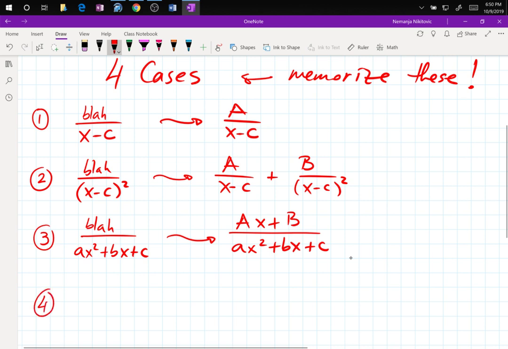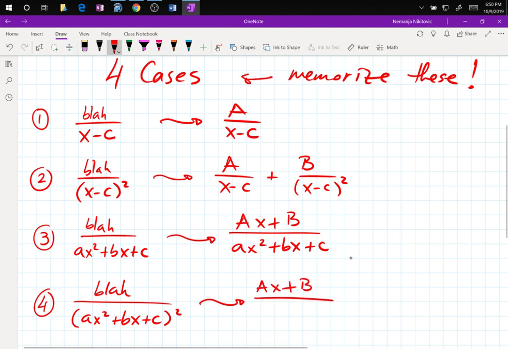And finally, number 4 is the repeated quadratic that you can't factor any further. That one is going to give you Ax plus B divided by ax squared plus bx plus c, plus Cx plus D over (ax squared plus bx plus c) squared. I hope you see the pattern.